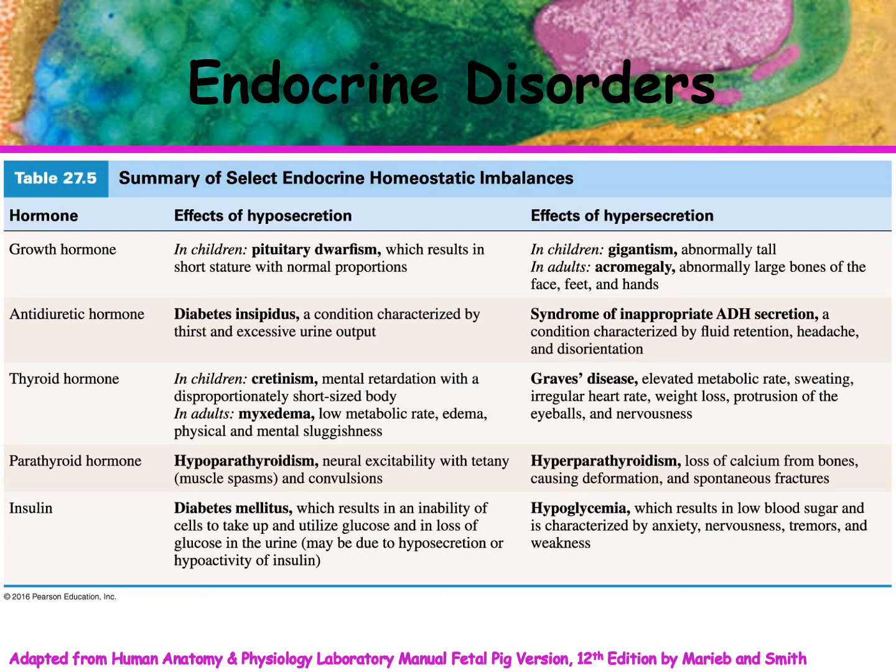Thyroid hormone, we know, regulates our metabolism. If we have hyposecretion of thyroid hormone, or hypothyroidism, in a child, it results in cretinism. And cretinism is what occurs when we do not have thyroid hormone.